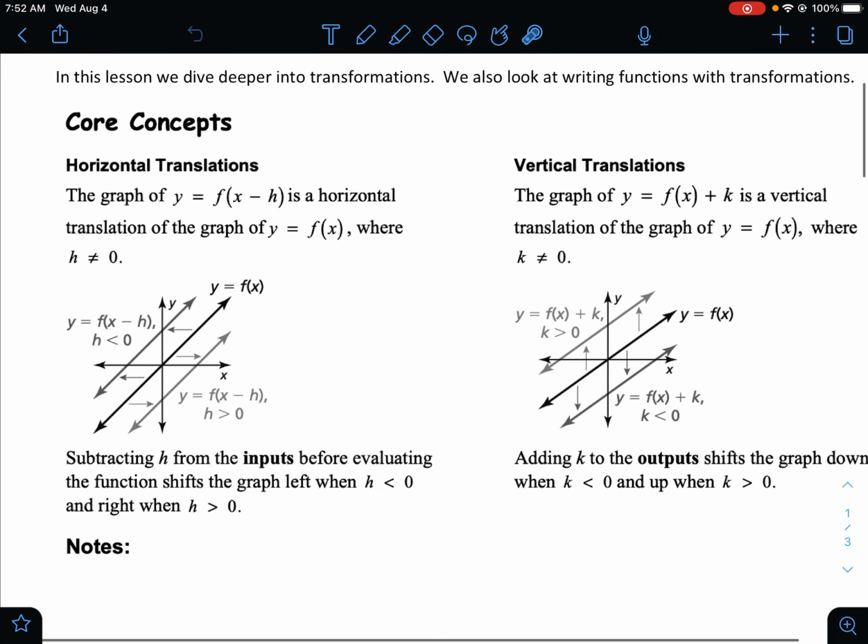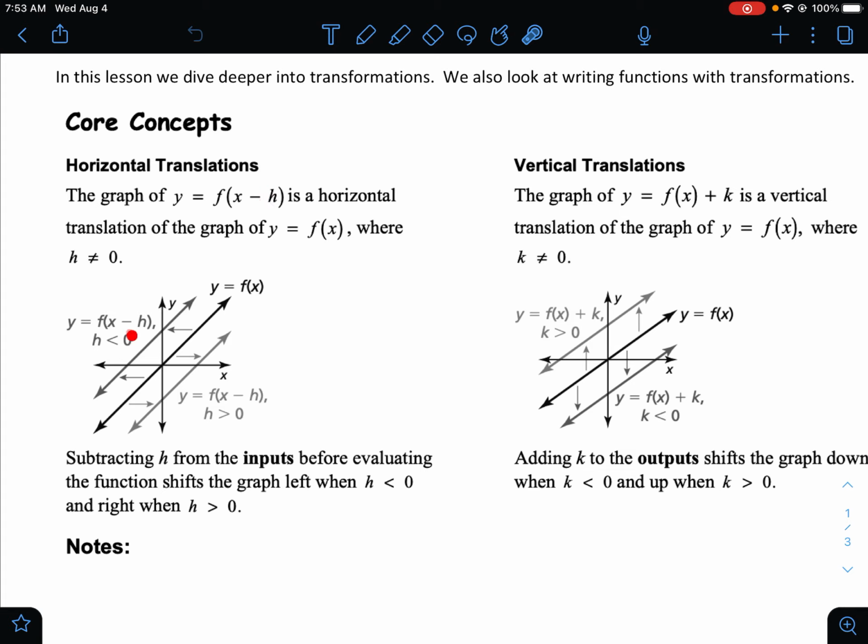So to go back up here, horizontal translation, so moving the graph horizontally, should be what's inside the parentheses, and that's what this means here, that you're changing this horizontally. You do need to make sure that you remember that what is on the inside moves at the opposite of what it seems it would look like. Because the minus sign here is going to move it in the opposite direction.